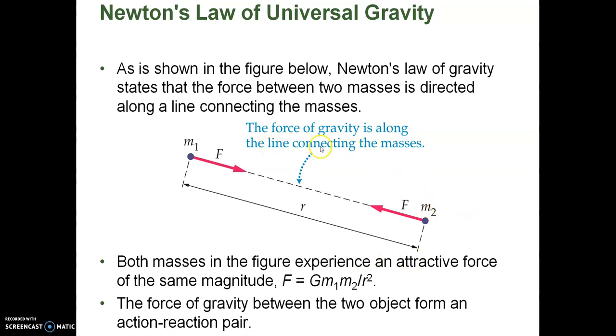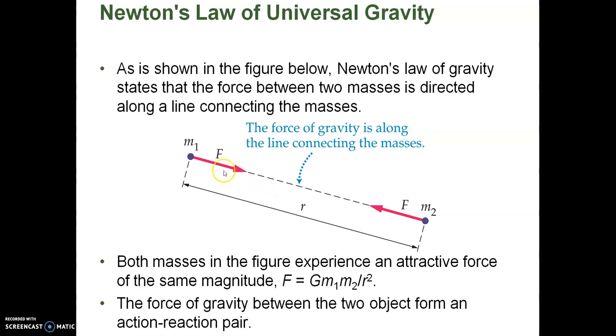Okay, so notice it is a vector equation. Force is a vector, the radius is a vector. The force of attraction between any two masses, and notice gravity force is always attractive. There's no such thing as negative gravity, at least not yet. So if you have two masses, the force of gravity between them is always along the radial line between them, pointing toward each other.